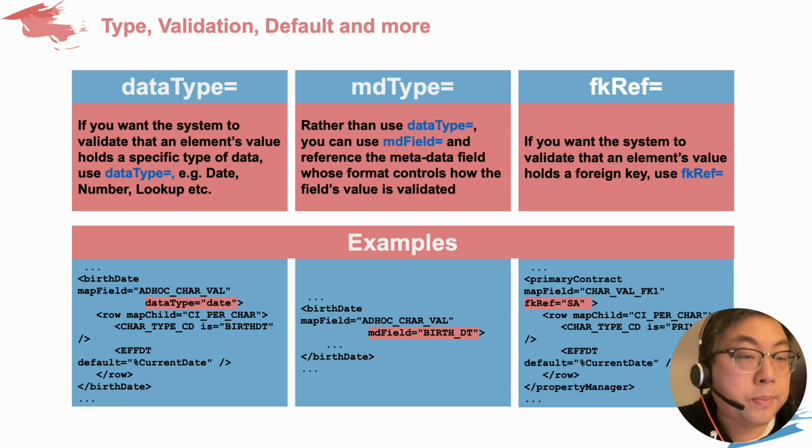So for example, if I have a database column, which is a date, normally what I do is I would specify this data type as a date, because that needs to match your database column field. Okay. However, the MD type is a bit different.